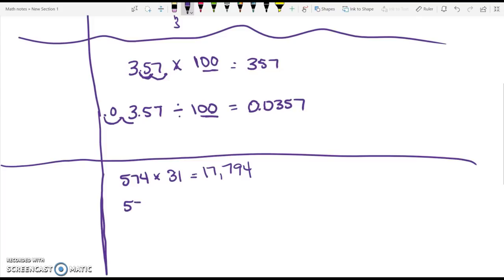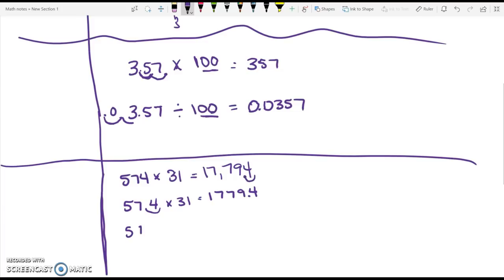Let's say I said 57.4 times 31. If I did 57.4 times 31, I'm going to end up with the same digits, 17794, but now it's going to be 1779.4 because I moved one place value here. So I'm going to move one place value in my answer.